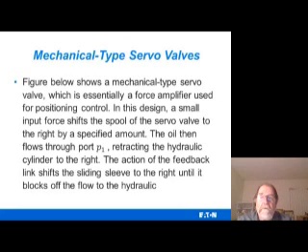The figure below shows a mechanical type servo valve, which is essentially a force amplifier used for positioning control. In this design, a small input force shifts the spool of the servo valve to the right by a specific amount. Oil then flows into port P1 and retracts the hydraulic cylinder to the right. The action of the feedback link shifts the sliding sleeve to the right until it blocks off the flow to the hydraulic cylinder.